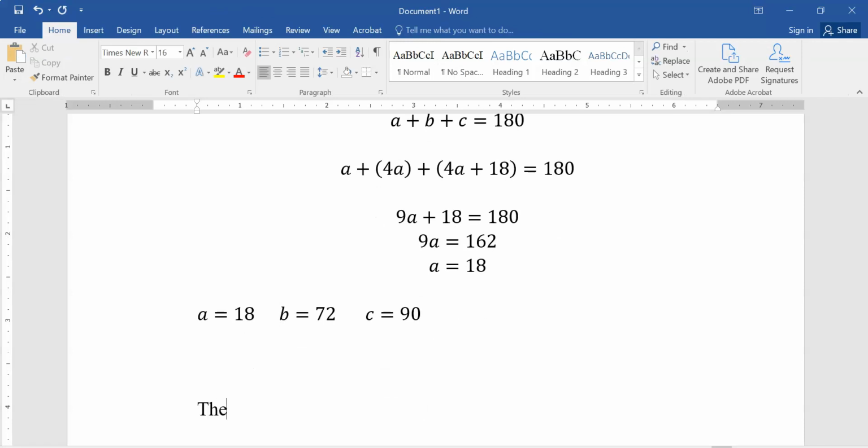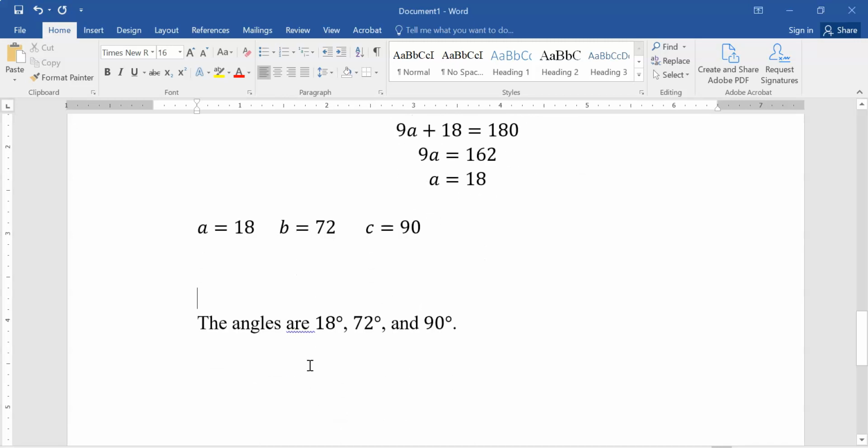So the angles are 18 degrees, 72 degrees, and 90 degrees. Again, if you want to put that little degree mark on these, go ahead and do that. I've tried to do that as best as Microsoft can.